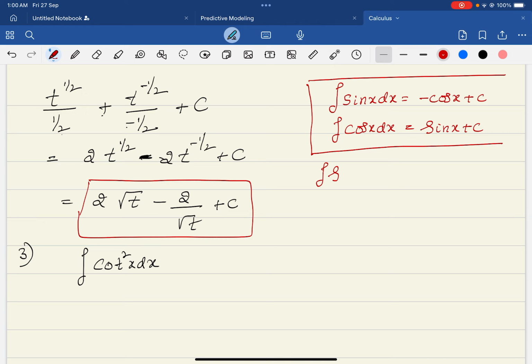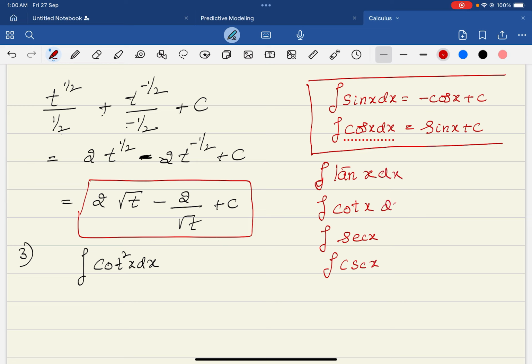The next set, generally we follow this order: the integral of tan x, the integral of cot x, the integral of secant x, and the integral of cosecant x dx.